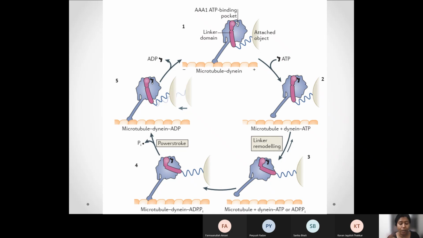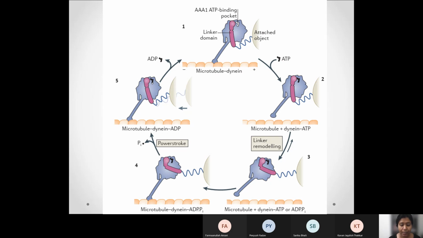For example, you could have a non-hydrolyzable ATP bound to dynein, and you could have a crystal structure of that. You could have an ADP bound dynein, and you could have a crystal structure of that. So looking at all of these crystal structures gives us an idea of how the dynein might function. So this in brief gives you a representation of how we think the dynein functions and works on microtubules.